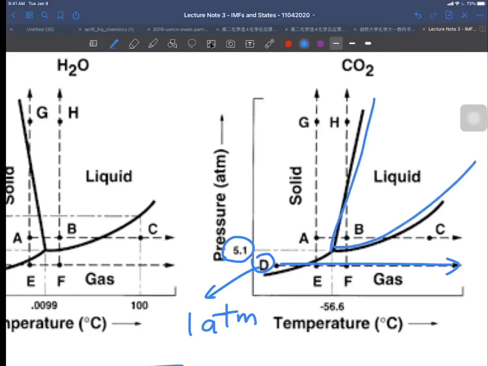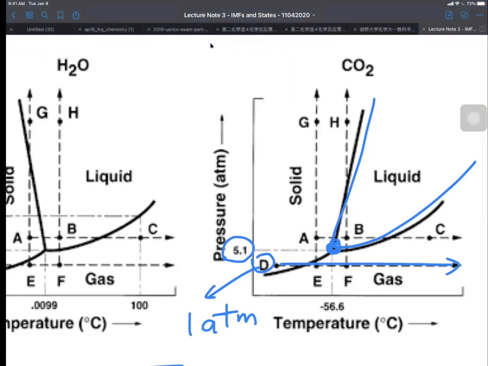This is sublimation, right? The reason why carbon dioxide or dry ice can sublime is because the triple point is higher than 1 atm, right? If a substance has a triple point higher than 1 atm, we can say this species can sublime at atmospheric pressure.